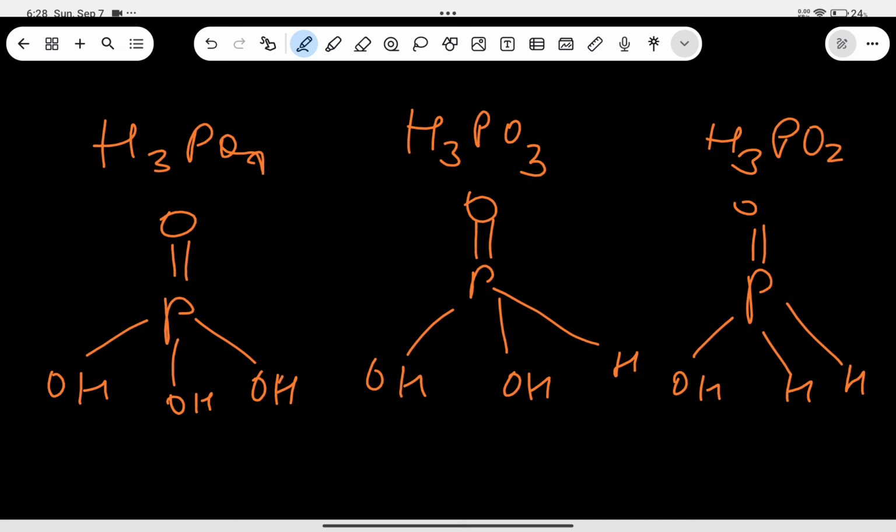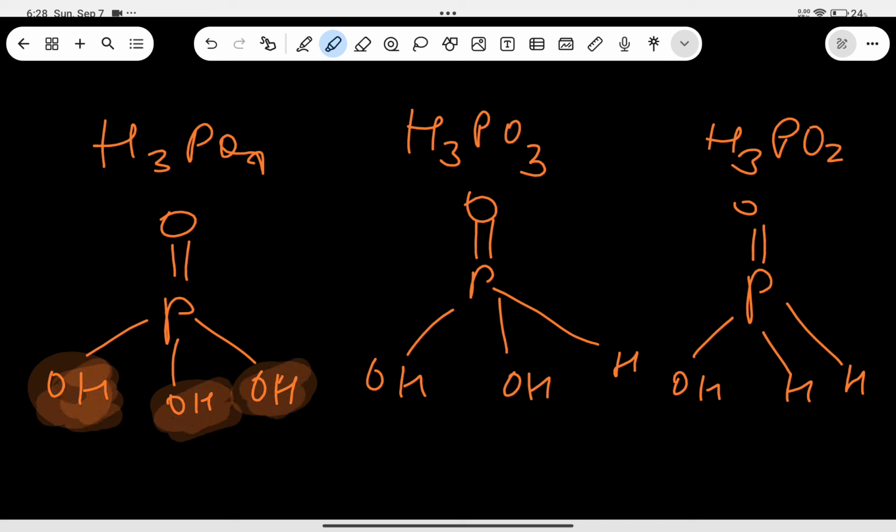So try to understand here that because we have three hydrogens attached through oxygen in the first one, the basicity of this will be 3.